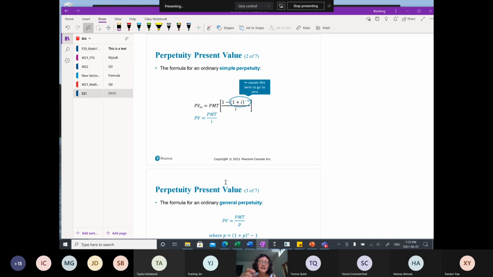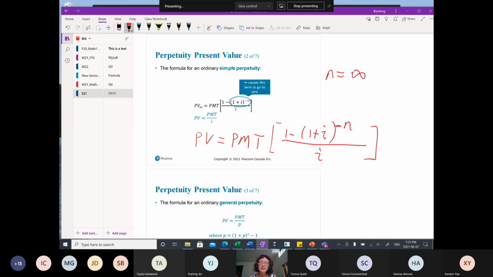Because perpetuity is also a kind of annuity, we can use the formula PV equal to PMT times 1 minus 1 plus I raised to the power negative n, over I. This is the regular present value formula.